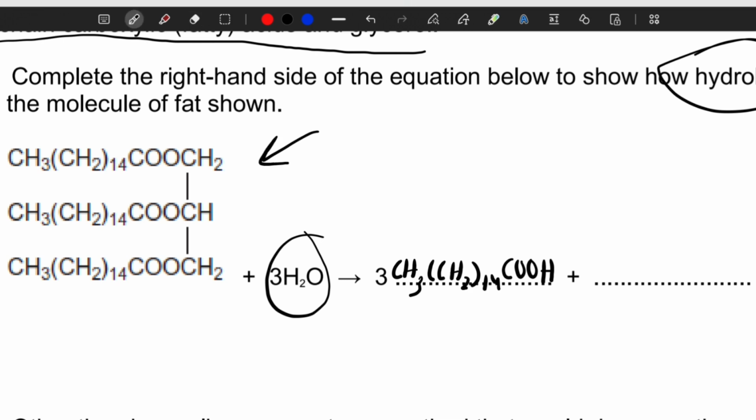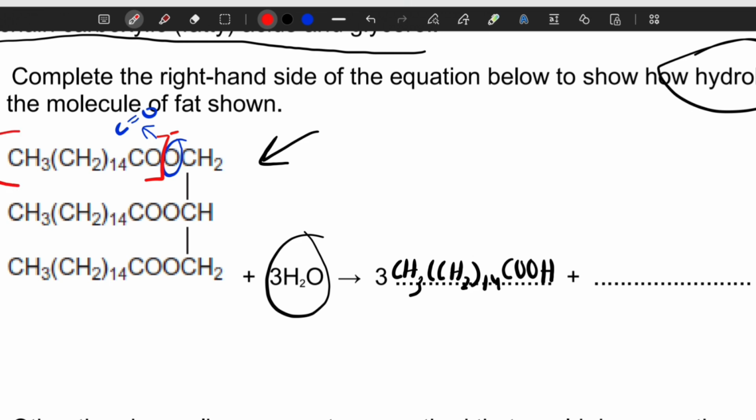you can see that there's the ester oxygen. This is the ester oxygen. This is the C double bond oxygen. And then obviously it's hydrolysis, so it wants 3 carboxylic acids because there's 3 of these. So basically we need this part, right?